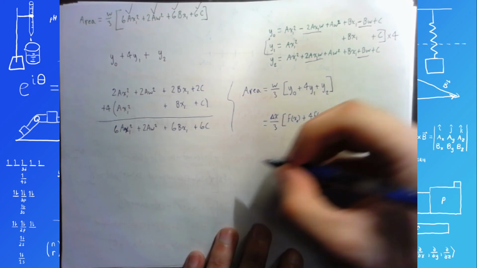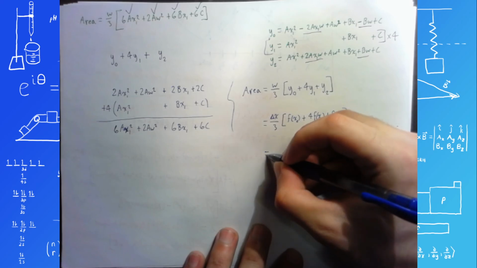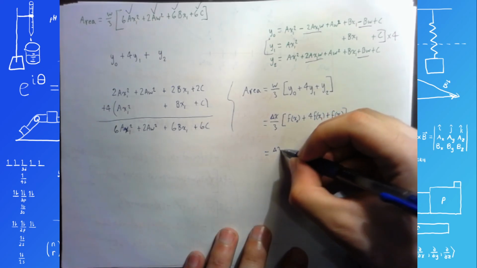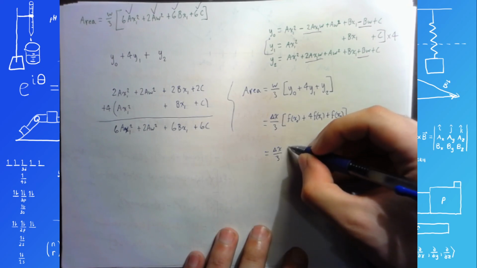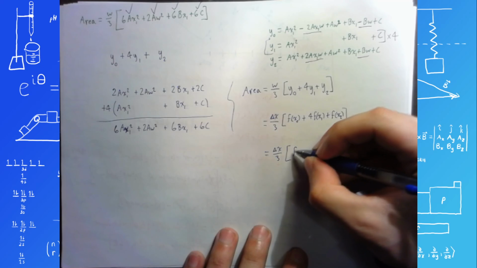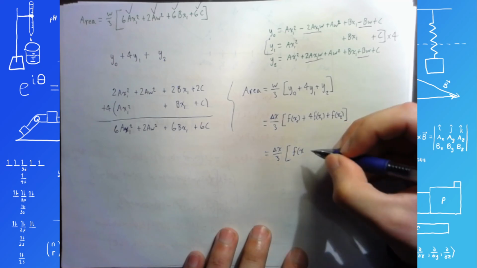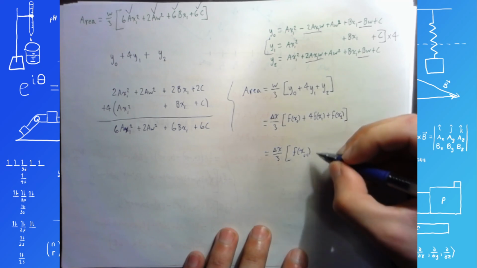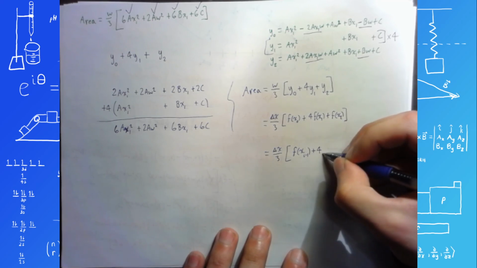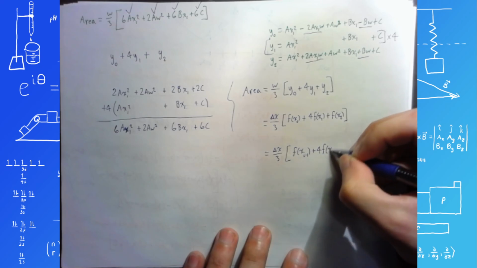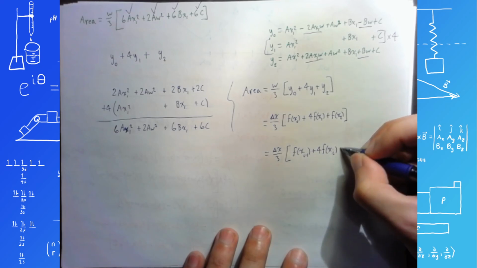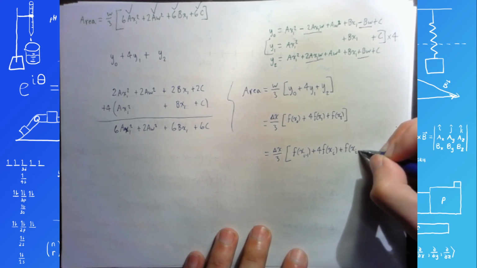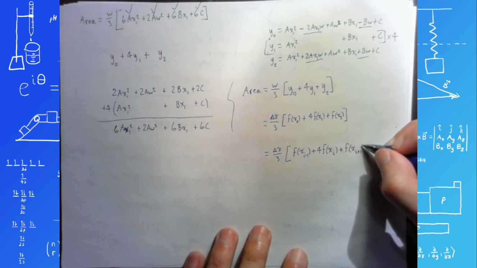Or more generally, we can say the area for a given pair of subintervals is equal to delta x over 3 times 1 of f of x i minus 1 plus 4 f of x i plus 1 of f of x i plus 1.